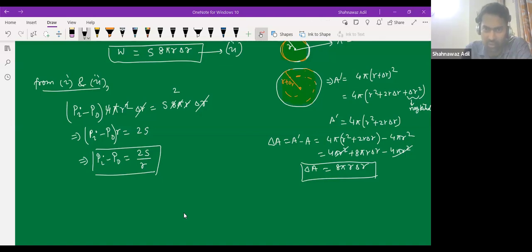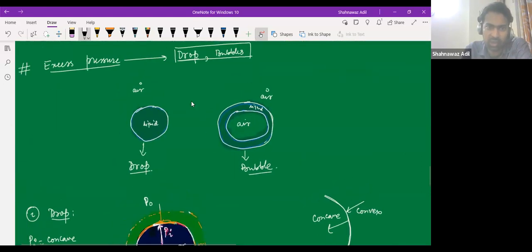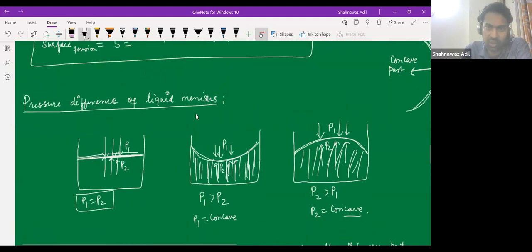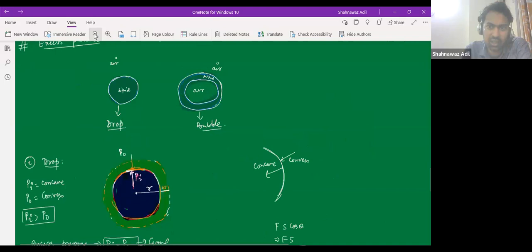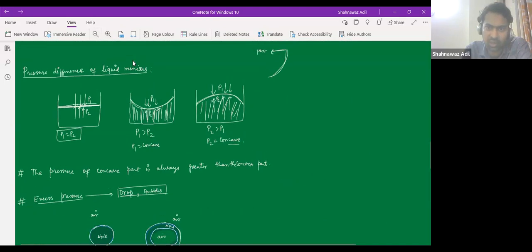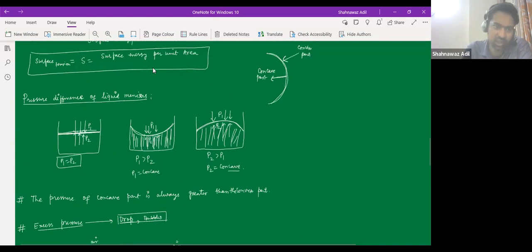Okay, then please note down from here, and then we'll do the bubble part using this. And if you don't understand something, please tell me. Don't be silent.